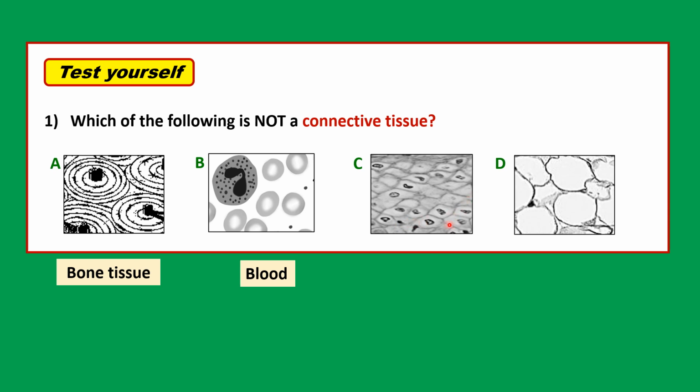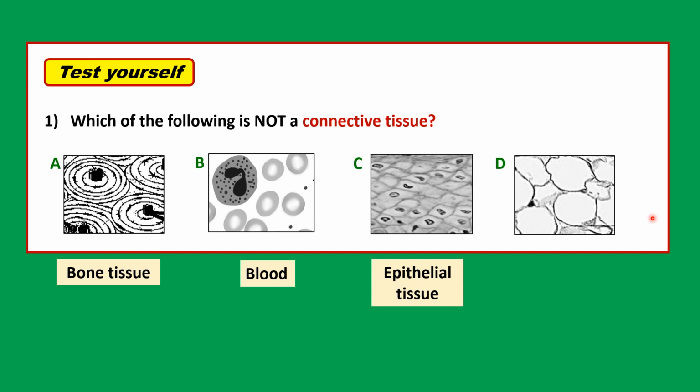Does it look familiar? This tissue was studied in the previous video. You can see the flat cells, and they are all arranged on top of one another. There are many layers of this cell. So this is actually epithelial tissue.